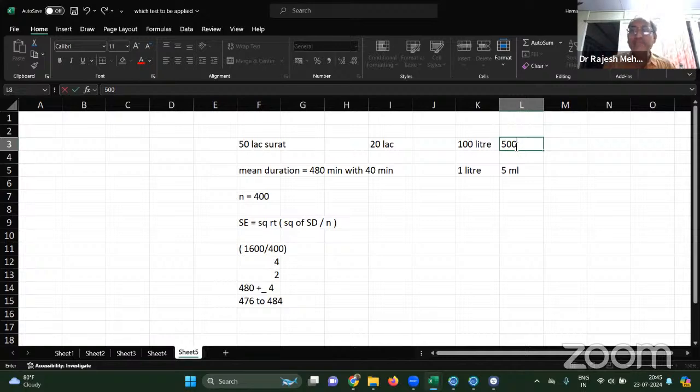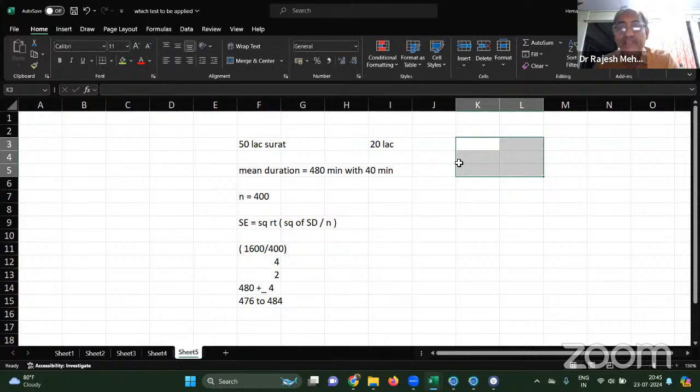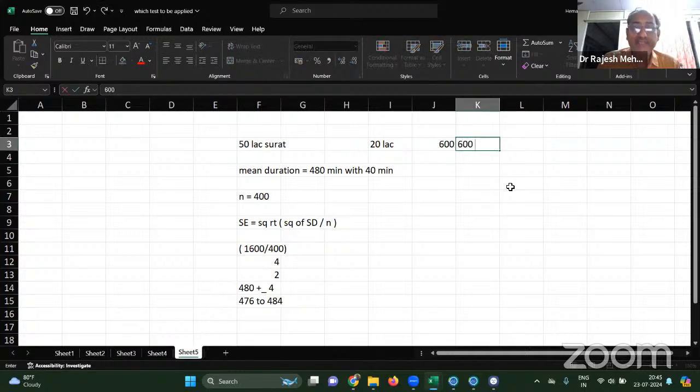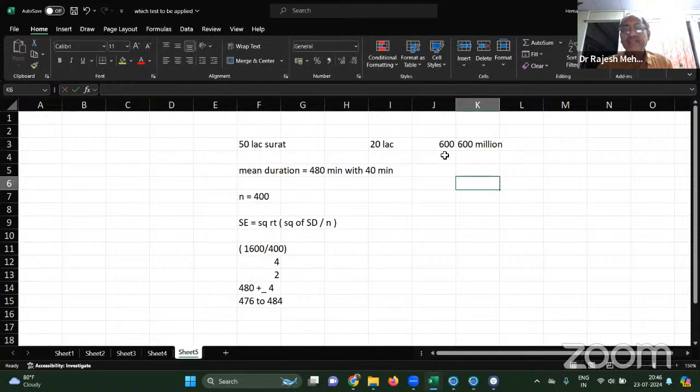So if the sample is representative, then standard error usually does not depend on the population size. So in this case, it will not differ much. But if a population is only, let's say, 600, or 600 million, then there could be a difference. If it is too much different; otherwise, usually it will not get affected.